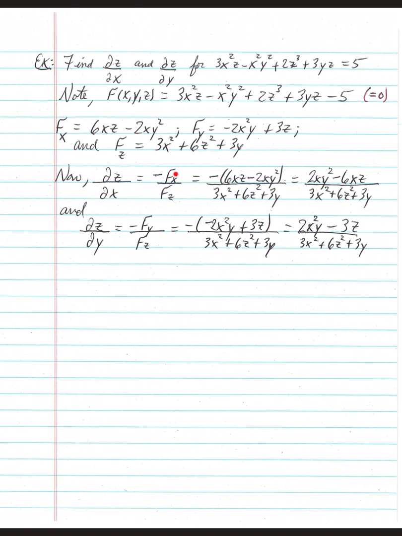The negative of f sub x, so that's the negative of this partial. Distributing the negative, rearranging terms, 2xy squared minus 6xz all over f sub z. The partial derivative of z with respect to y is negative f sub y over f sub z.